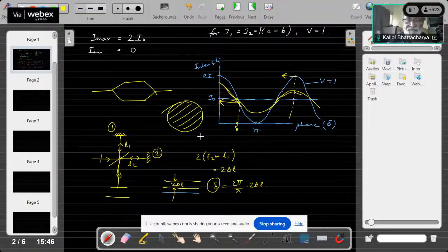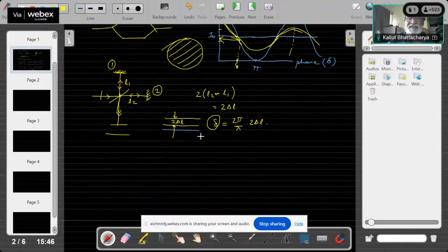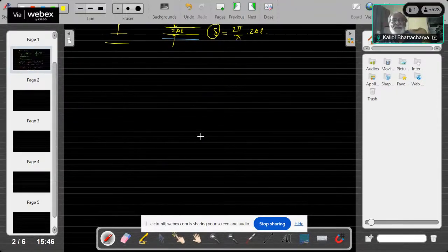Now let us say what we do is, I'm redrawing the interferometer.